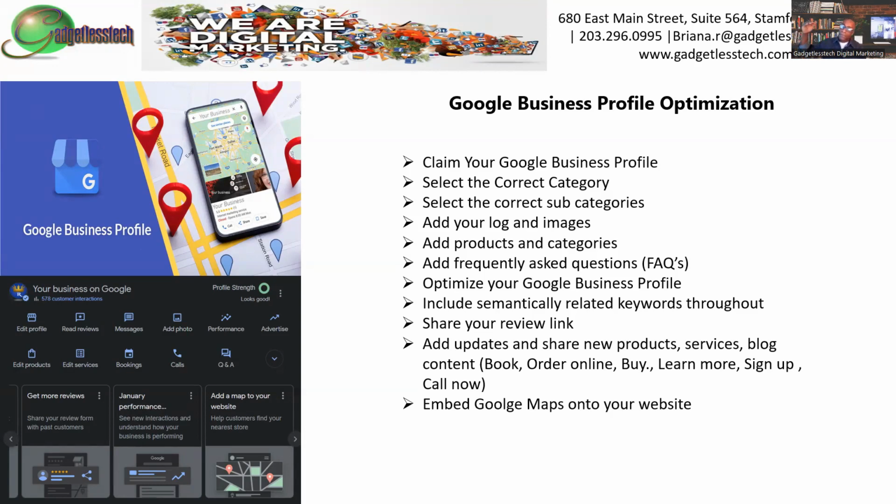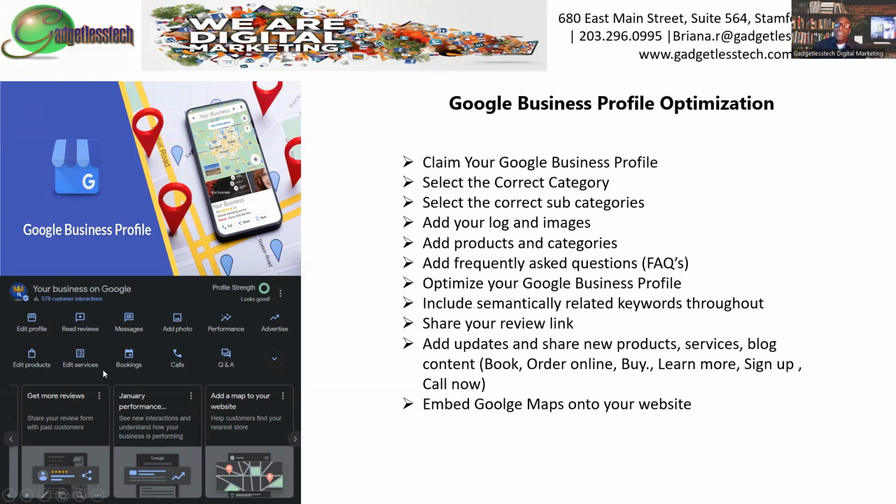Then we talk about local service ads, and then we do our local section of search, and then we do organics, and then the people also ask, right? So that Google Business Profile is key to your appearance inside that local or map app, right?